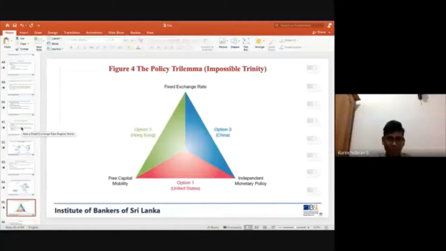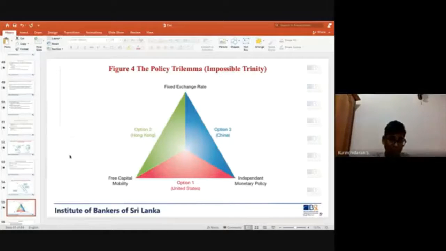You want the country to perform well, so you can induce consumption or induce investment, so you reduce the interest rate. But when you reduce the interest rate, what will happen? The relative return on your currency is going to decline.